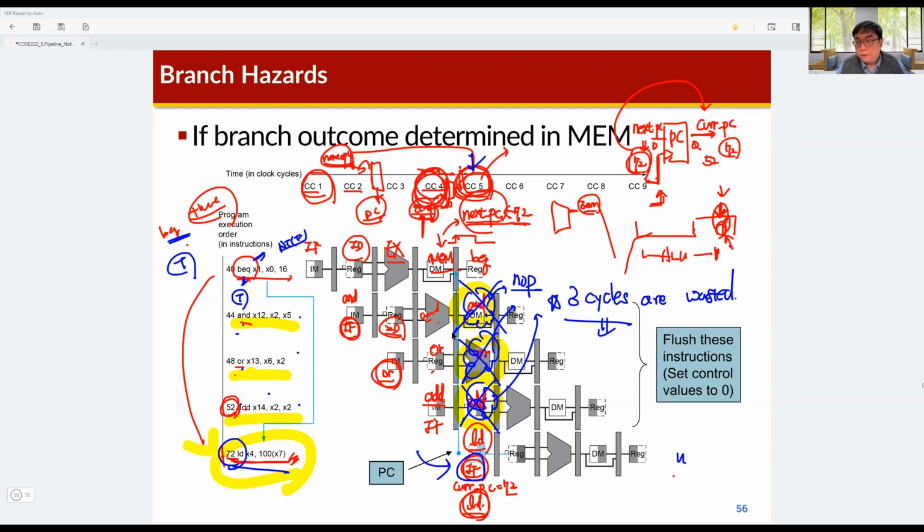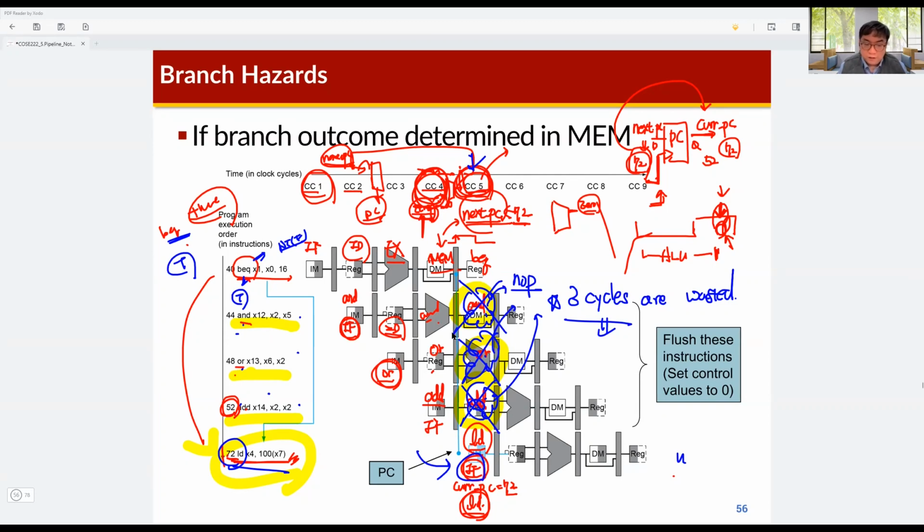We can solve data hazard with data forwarding if the former instruction is an R-type instruction.